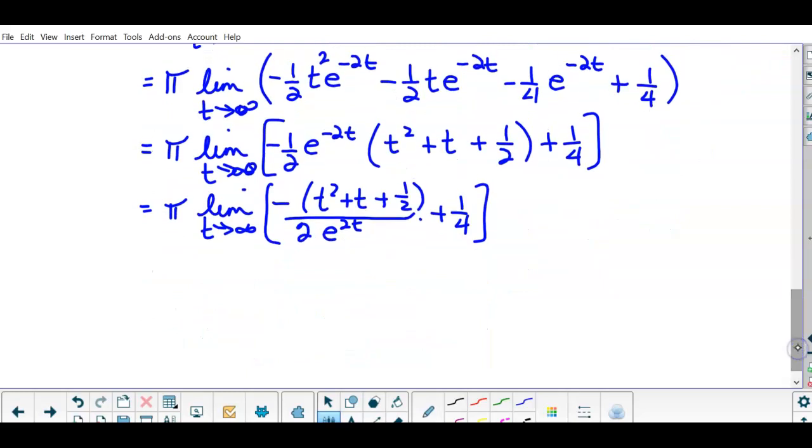And what happens here, as t goes to infinity, we want to know which grows faster here. If you think about it that way, or can't really compare it exactly, but we can take L'Hopital's rule, right? So we want to take the limit of this. We can use L'Hopital's.